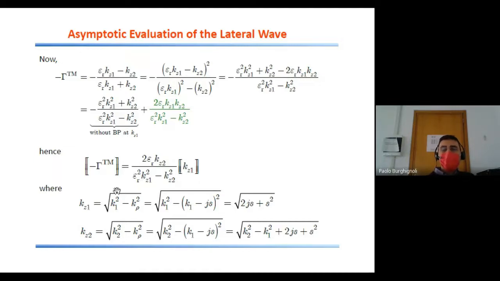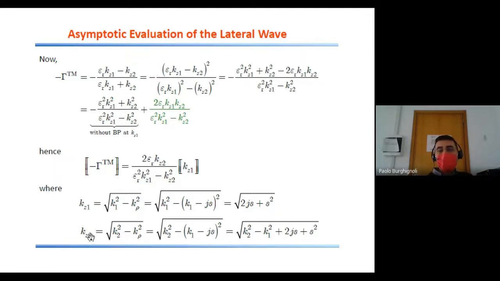So now we can write explicitly those two wave numbers. KZ1 by the separation relation is the square root of K1 squared minus K rho squared. But since we are moving on the steepest descent path, instead of K rho, we now write K1 minus js. So as you can see, K1 cancels inside the square root function, and what remains is 2js plus s squared.